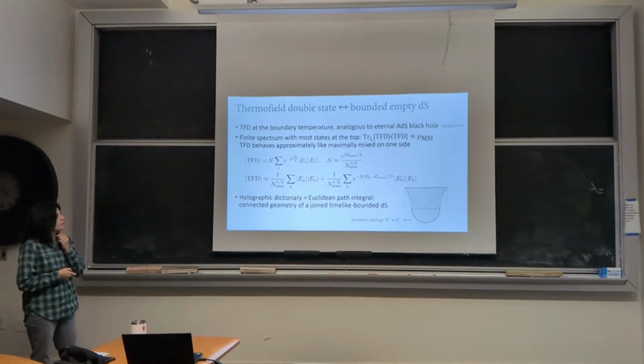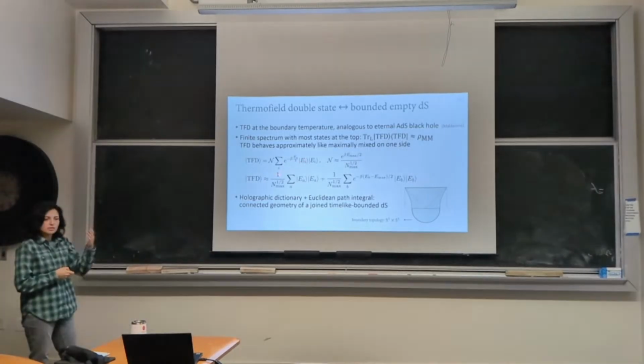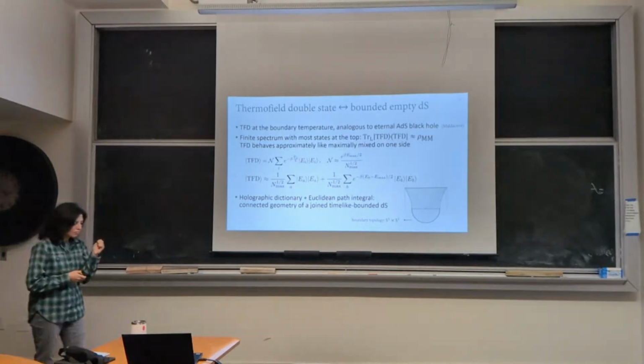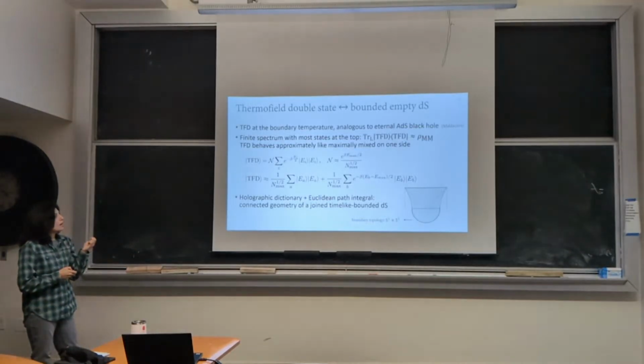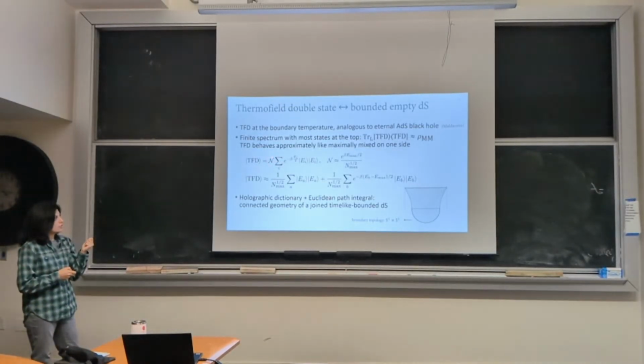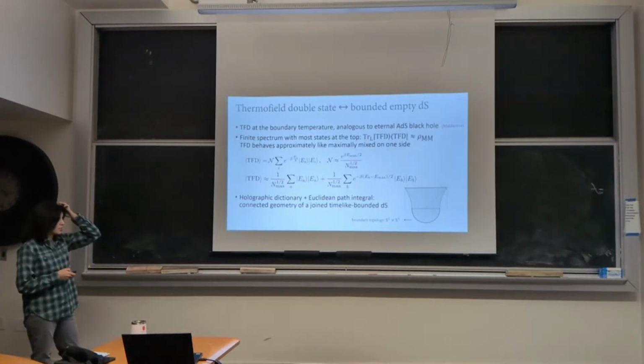Here I'm going to discuss a feature of this thermofield double state. So if we start with this at some temperature, these are the deformed energy eigenstates that we have from the deformed CFT, and there is this normalization factor here. The spectrum of energies consists of a lot of states at some maximum energy.